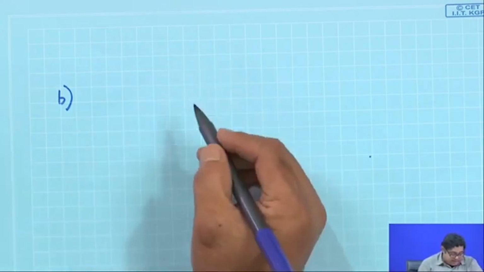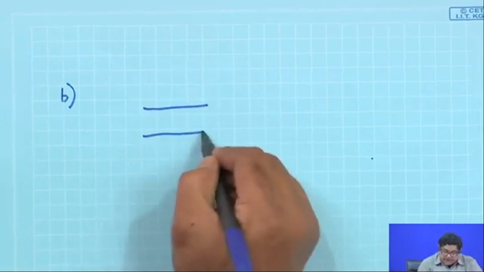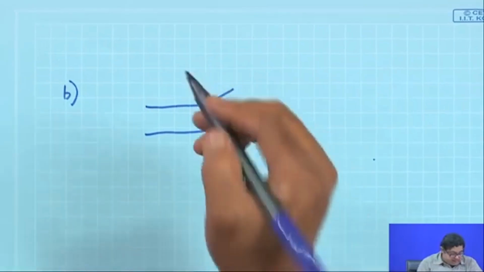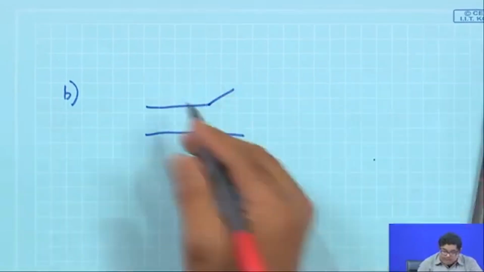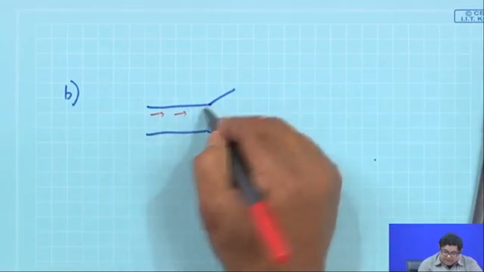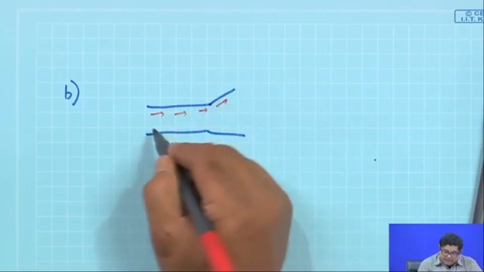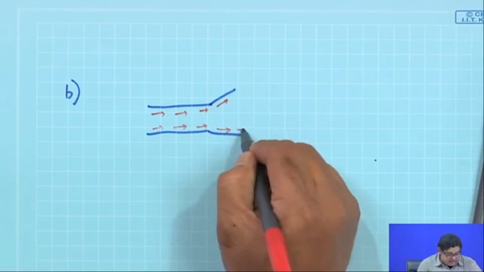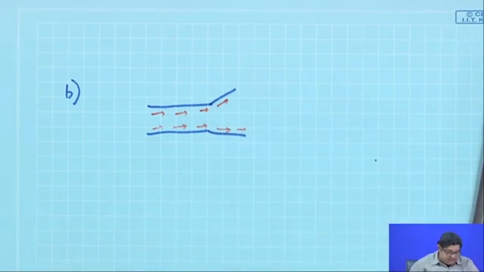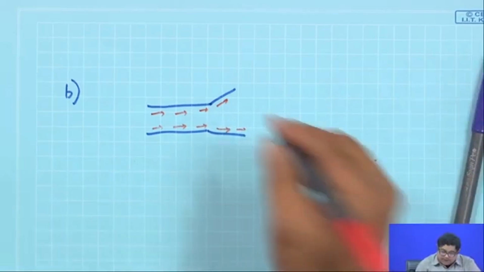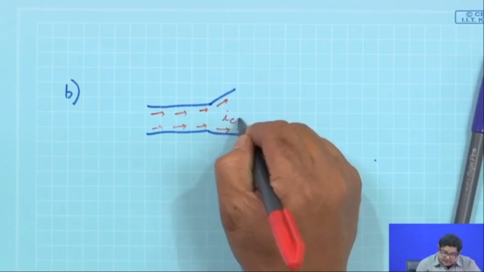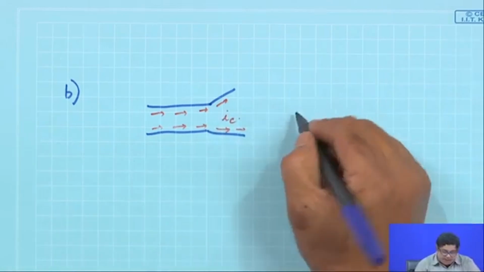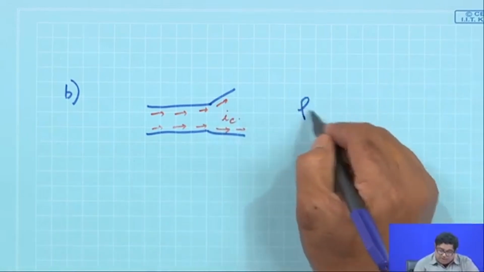If this is the antenna, there will be a conduction current flowing on the metallic structure, which we can call the conduction current I c.